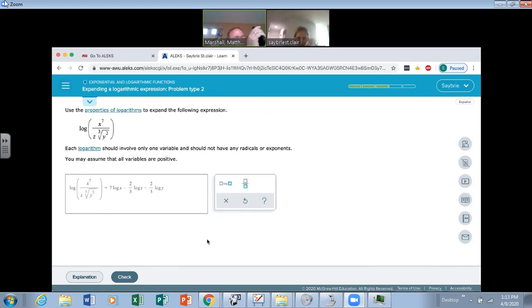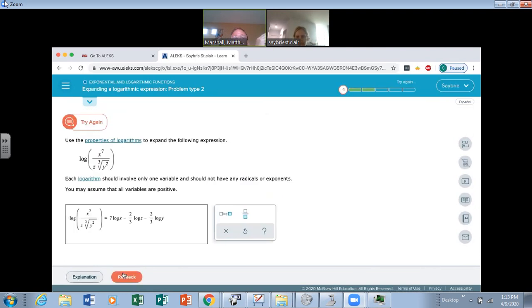Alright, so let's double check that one. So log x to the 7th minus log z y squared to the 1/3, which is log x^7 minus.